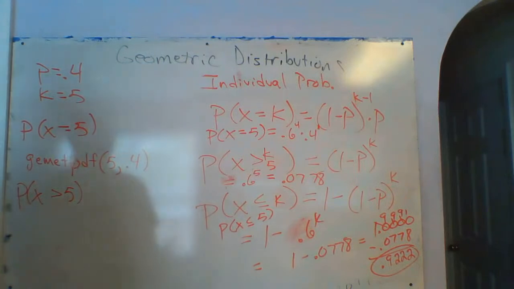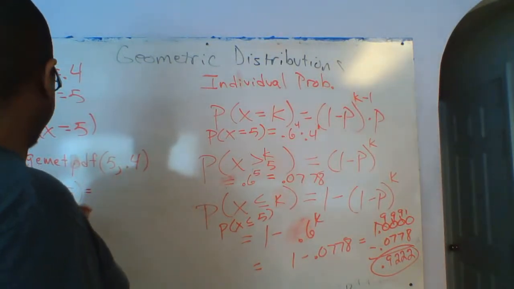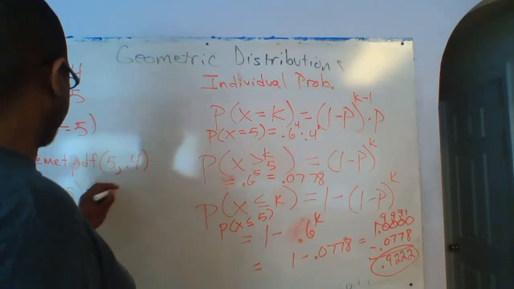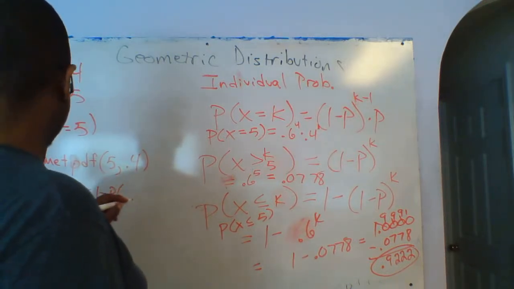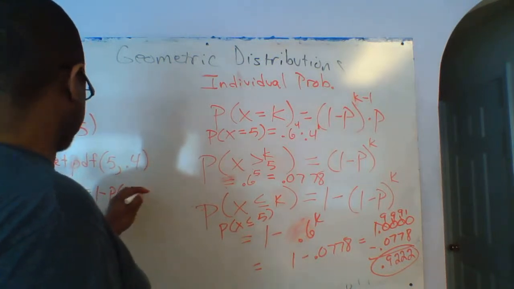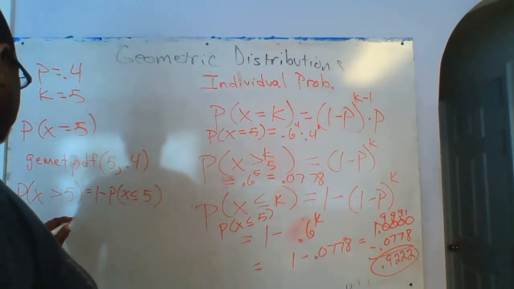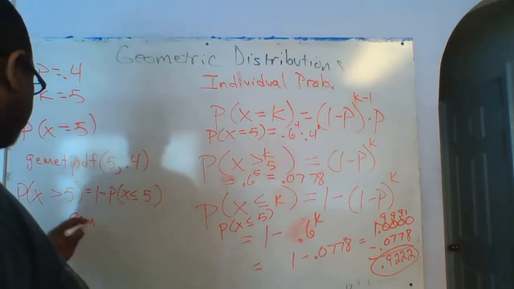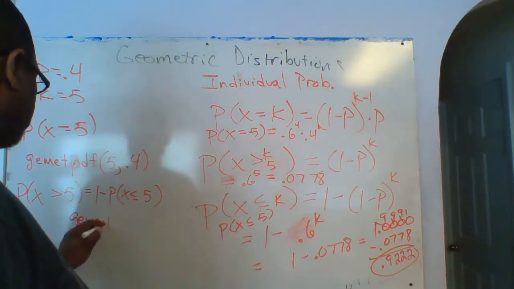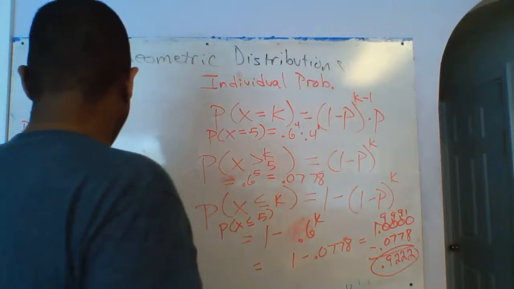What you could do for this one is 1 minus the probability that X is less than or equal to 5. So that's going to be 1 minus the geometric CDF.